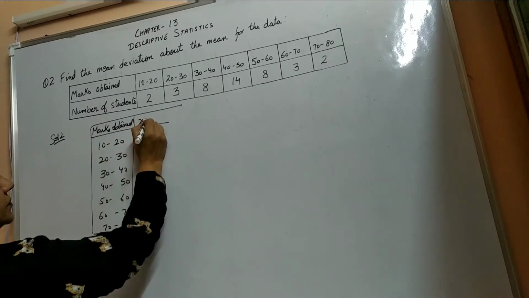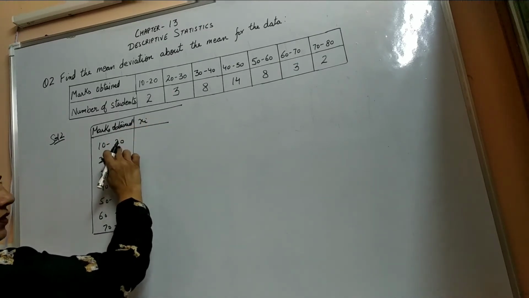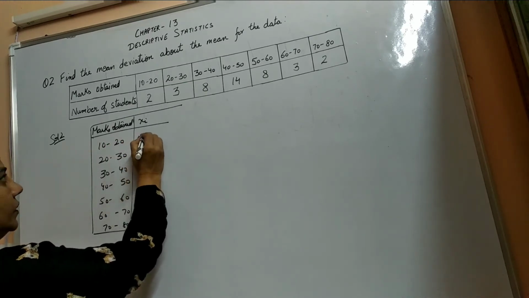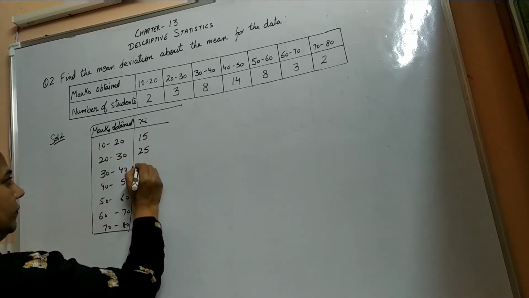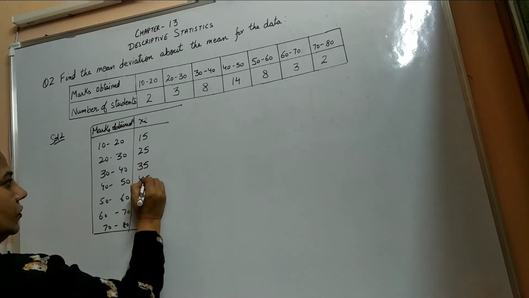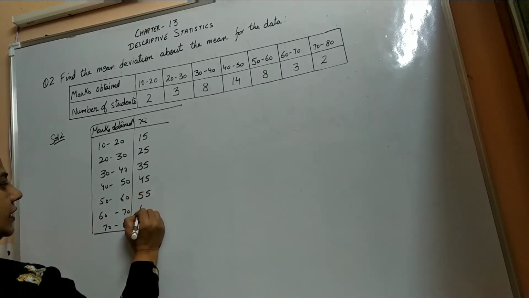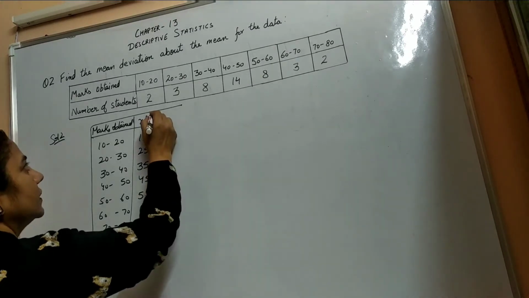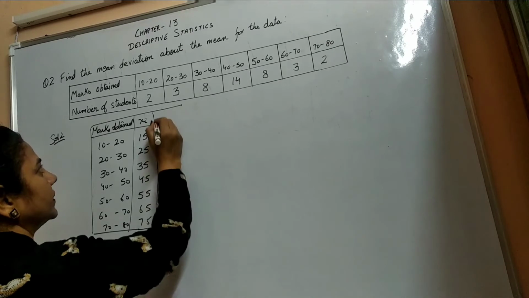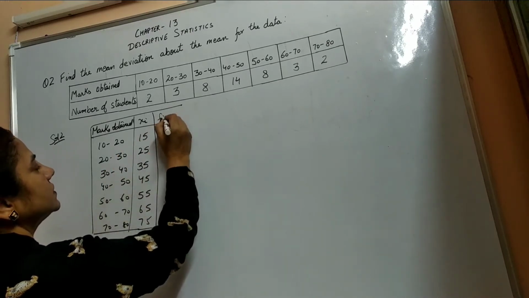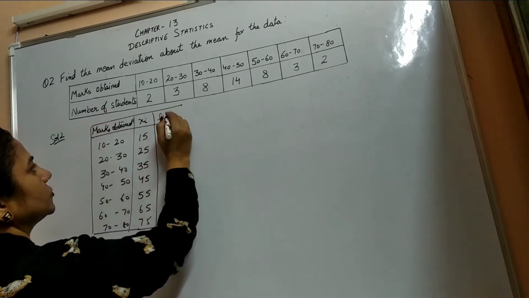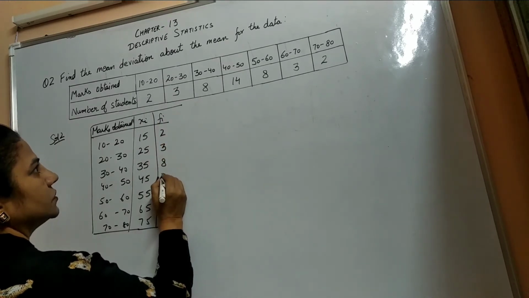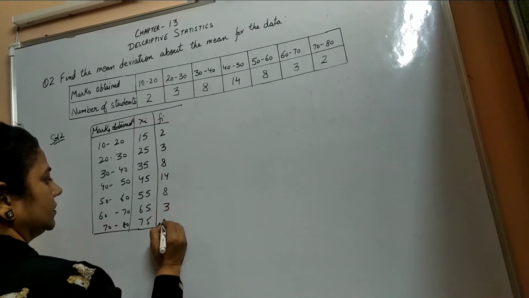Midpoint of these, xi is the midpoint: 10 plus 20 divided by 2 is 15, then 25, 35, 45, 55, 65 and 75. Then comes frequency. Frequency is the number of students. That means 2, 3, 8, 14, 8, 3, 2.